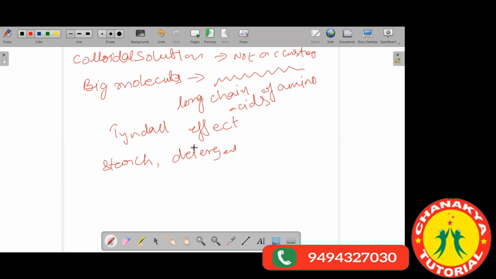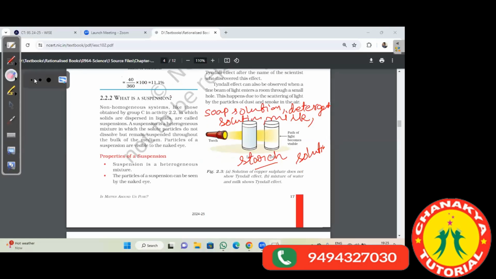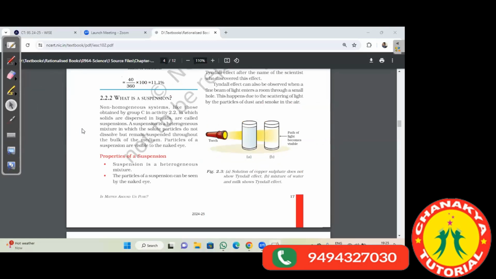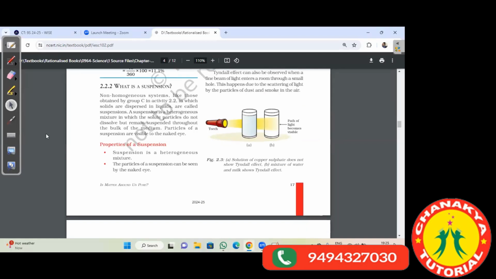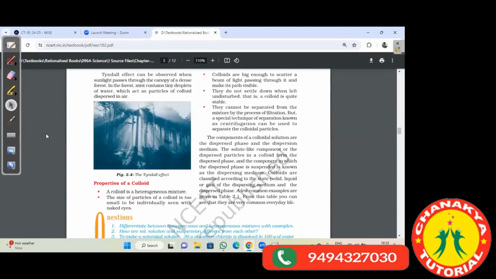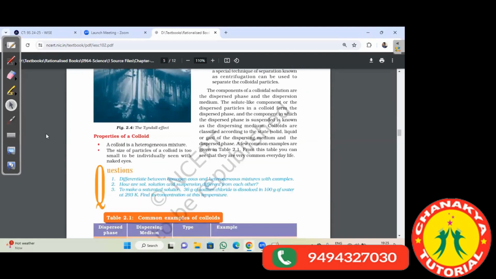So understood about the colloidal solution? Anyone having any doubt from these three types of solutions? No. Right. So, properties of the colloid.